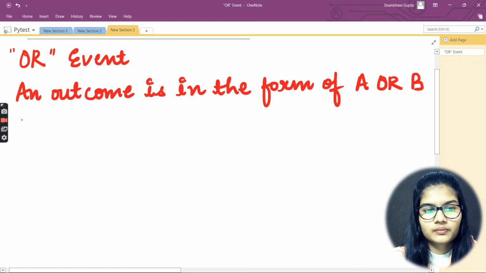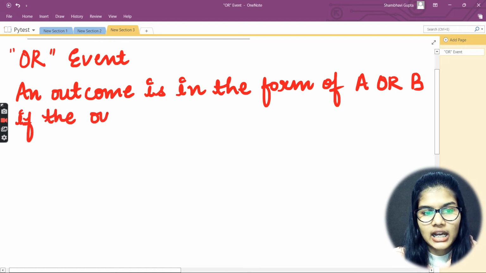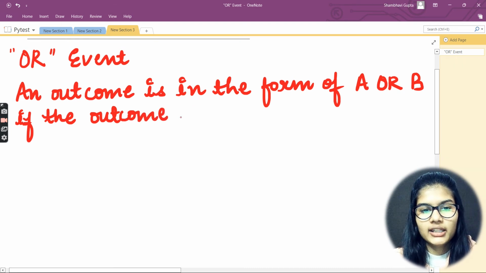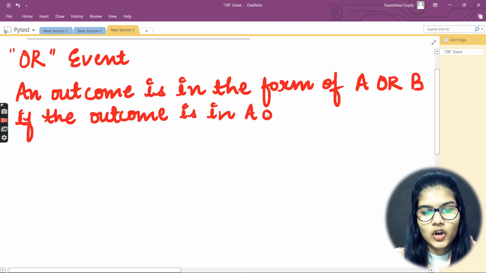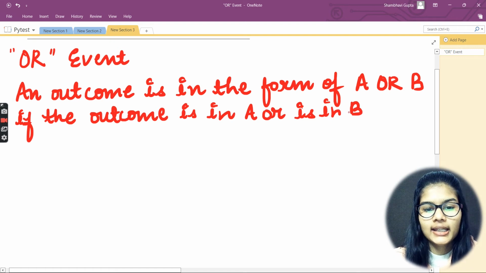If the outcome is in A or is in B. Let's take a quick example regarding this OR event.